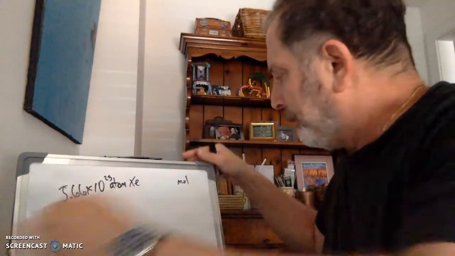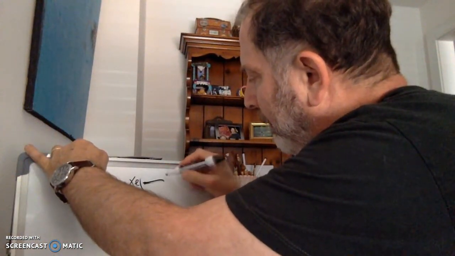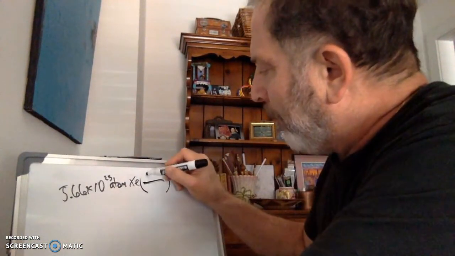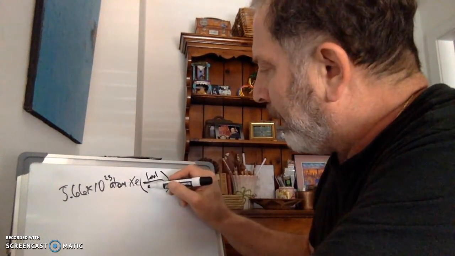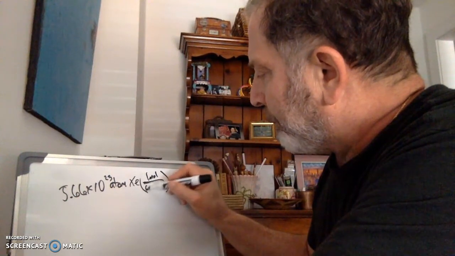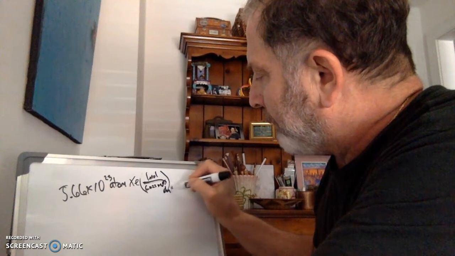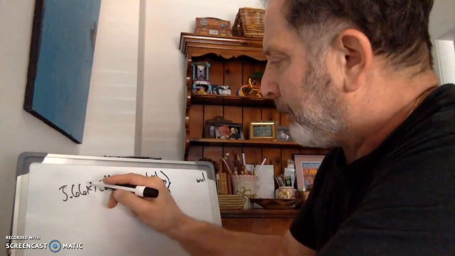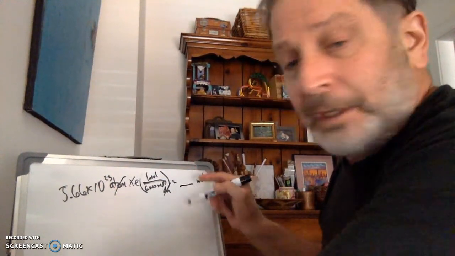So let me make room here. So now I want moles to be my answer, but I have to divide out the atoms, and there's 6.022 times 10 to the 23rd atoms. The atoms cancel out. So in effect, what I'm doing is I'm taking this and dividing by that, and that should give me the moles.